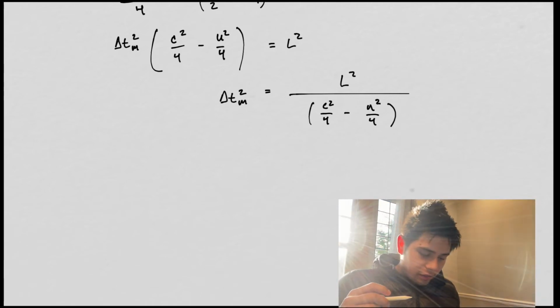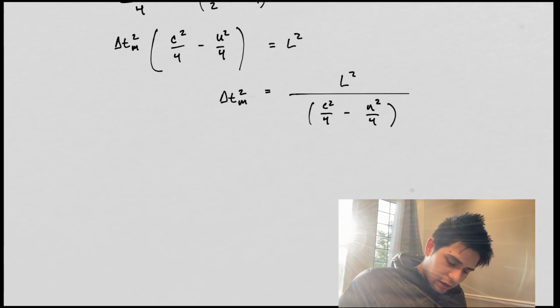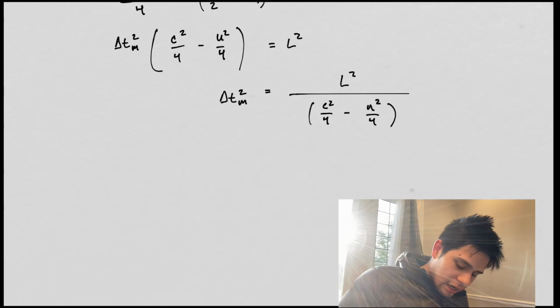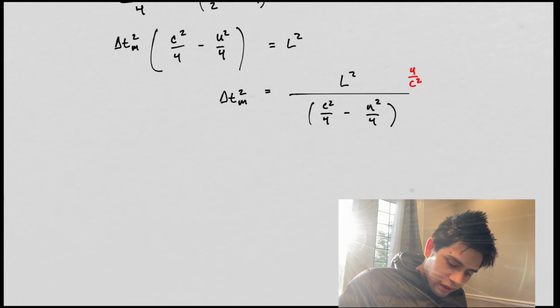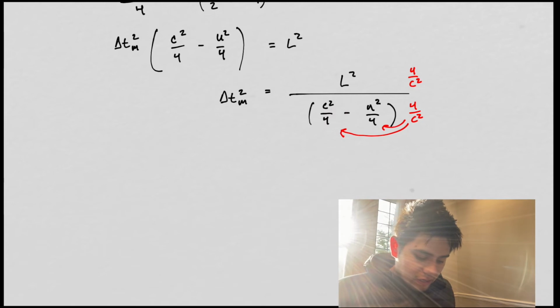Anyways, we'll be able to compare these two. So what we can do now is multiply both sides by 4 over c squared. When we do this one right here, we get c squared over 4 times 4 over c squared.